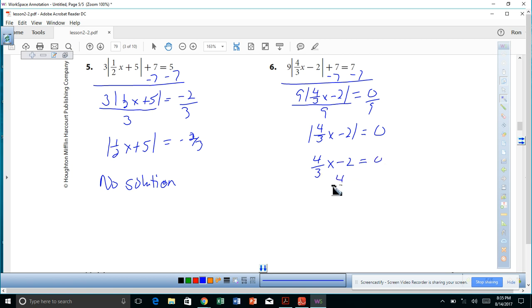Add 2 to both sides. You got 4/3 x equals 2. And to get rid of this 4/3, we're going to multiply by its reciprocal, 3/4. And that's going to give us x equals 3/2. Good deal.